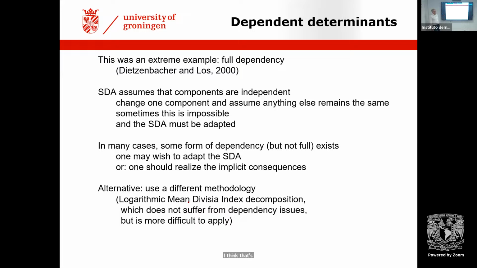You can also use a different methodology. So for example, structural decomposition analyses have also been developed based on a logarithmic mean Divisia index decomposition. Now the matrix analog is also available, and this decomposition does not suffer from these dependencies. The one big but here is that this is much more difficult to apply than the simple structural decomposition analysis.